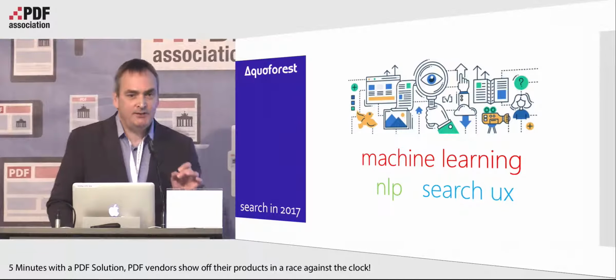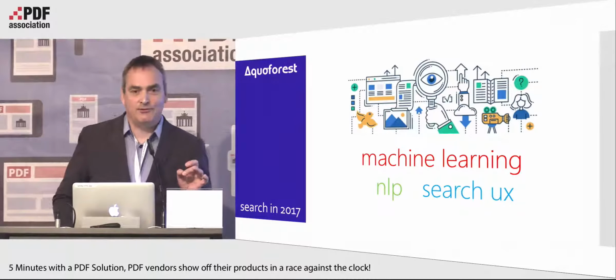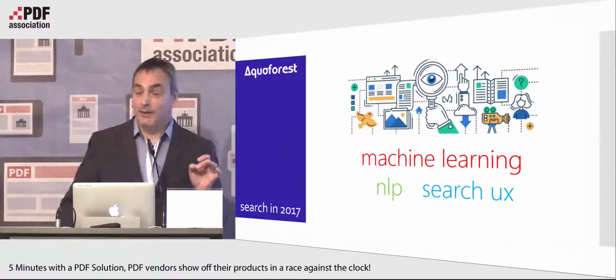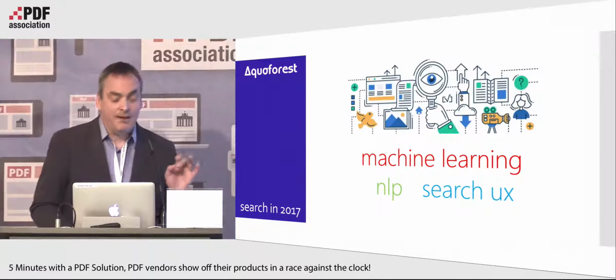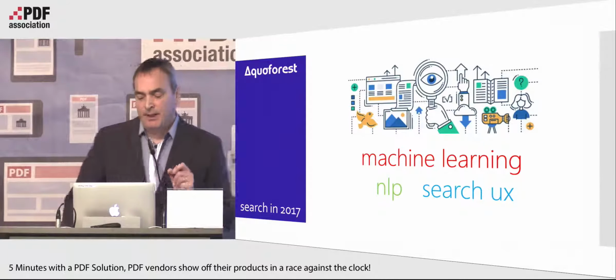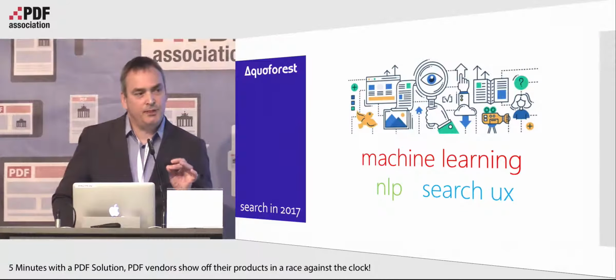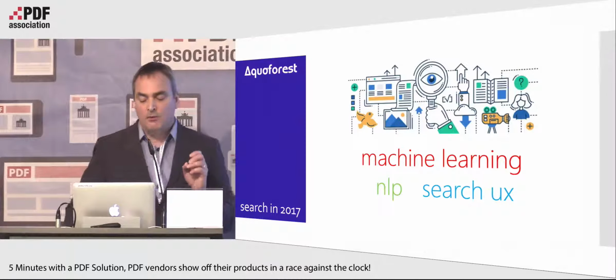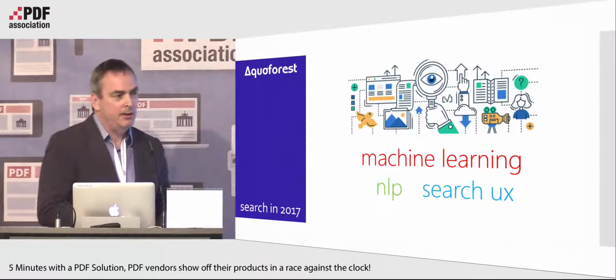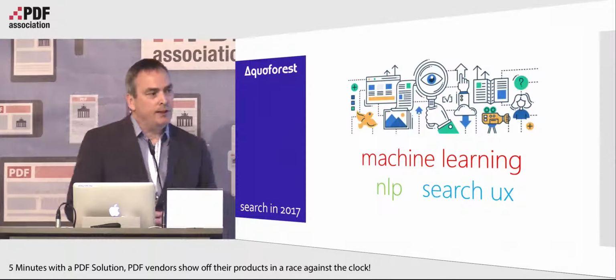Now, it would be very easy to blame the search technologies that are out there for perhaps the reason why we can't find our PDFs in the way we might want to. But actually, there have been huge advances, particularly over the last decade, in terms of machine learning, natural language processing, the search tools and the interfaces themselves.